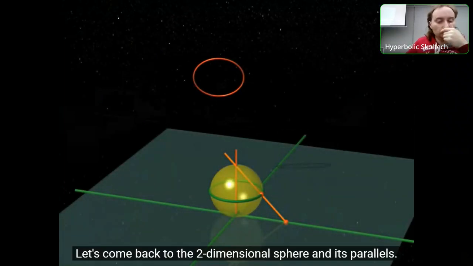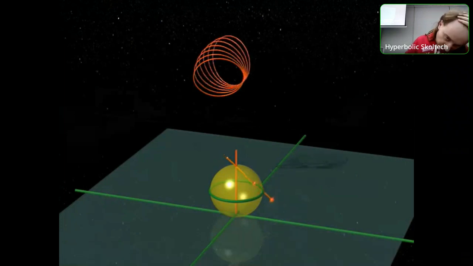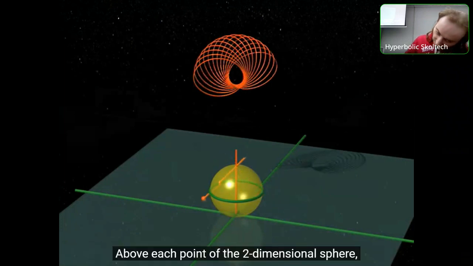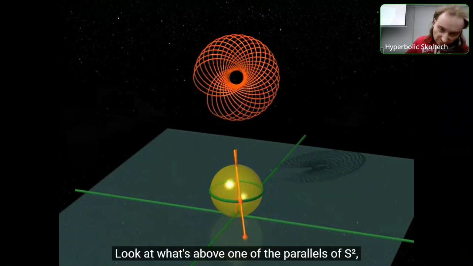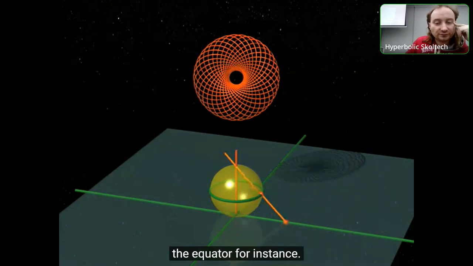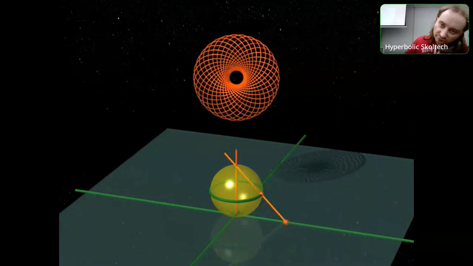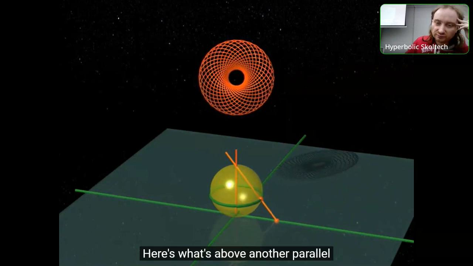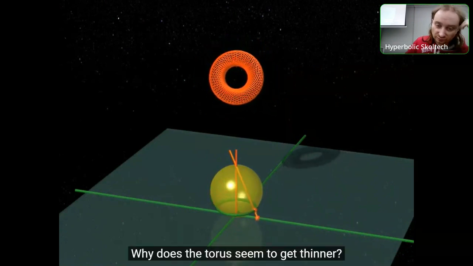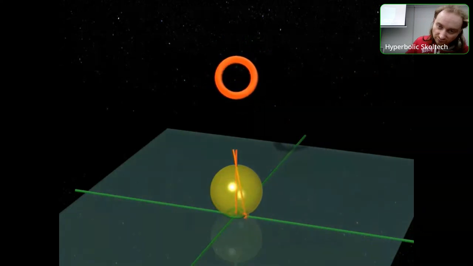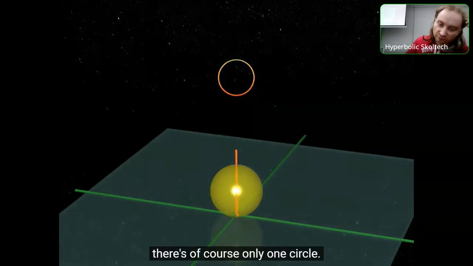Let's come back to the two-dimensional sphere and its parallels. Above each point of the two-dimensional sphere, we should imagine a circle. Look at what's above the parallels of S2, the equator, for instance. Here's what's above another parallel, which is moving southwards. Why is the torus thinner? Because above the south pole, there's, of course, only one circle.